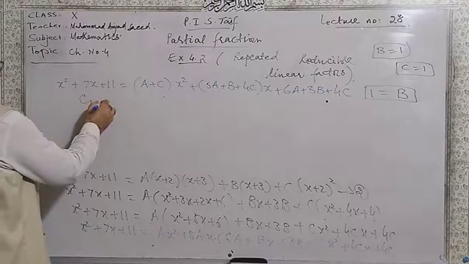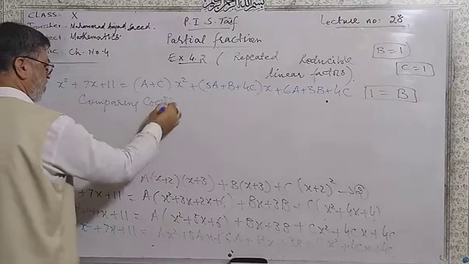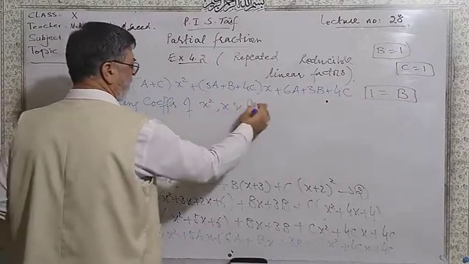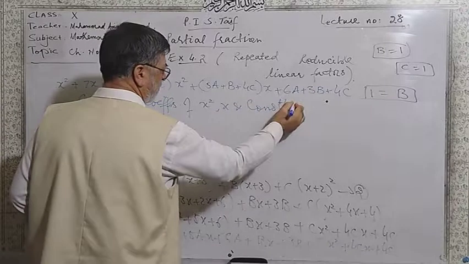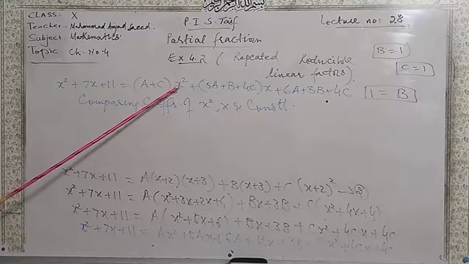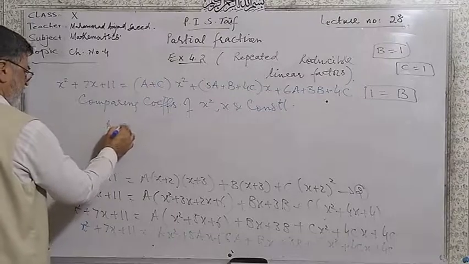Comparing coefficients of x square, x and constant. What is the coefficient of x square on the right hand side? This is a plus c.